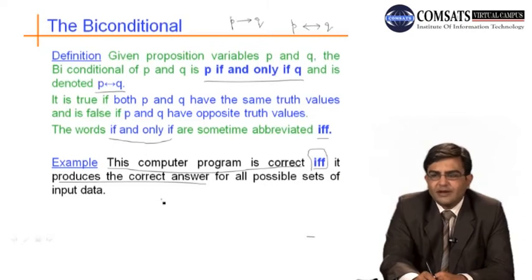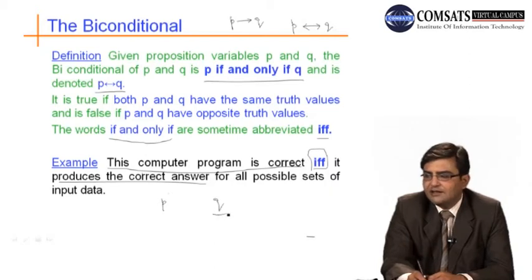If the computer program is correct, then it will give true values, and if a computer program gives us correct answers for all possible sets of input data, then this computer program will be correct.